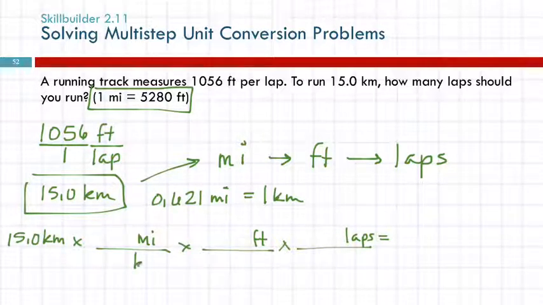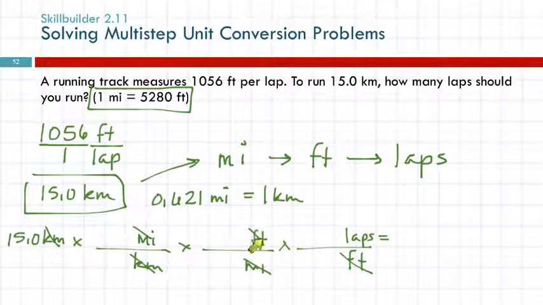Oh, I see. Kilometers go down here, so they cancel out. Miles go down here, so they cancel out. Feet go down there, so they cancel out. It's like magic, but it's not magic. I already established that I knew relationships. So here, this one's at the top. A mile is 5,280 feet.